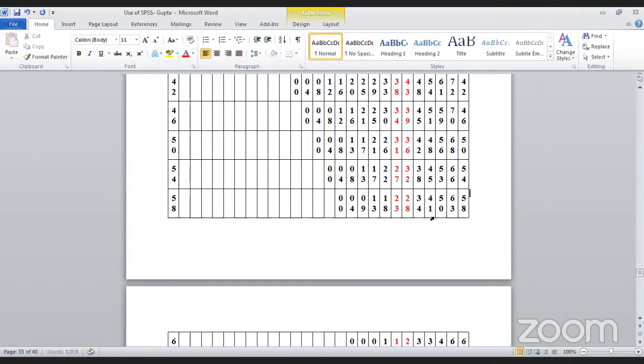Now you have to concentrate on this. This is 58, and this is 66.